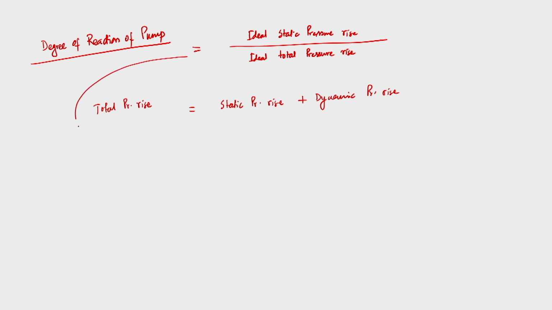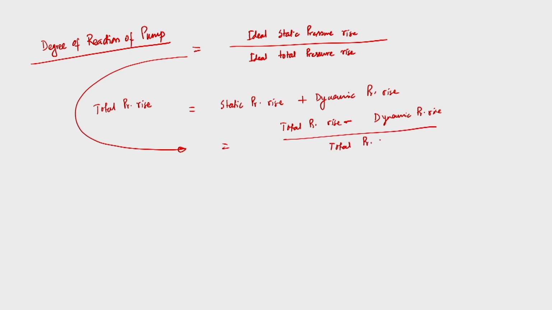If I write the expression of degree of reaction, it is total pressure rise minus dynamic pressure rise, divided by total pressure rise. So, this is essentially 1 minus dynamic pressure rise by the total pressure rise.